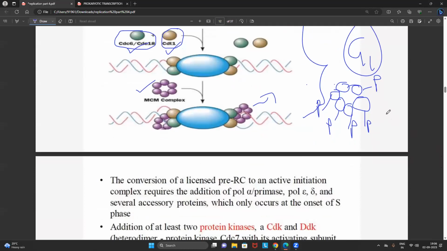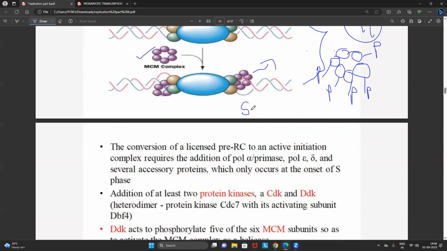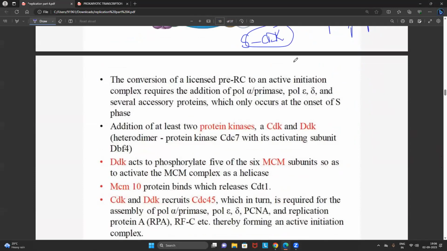For that, what is compulsory? It requires an important protein called S-CDK. Please don't get confused with that point.